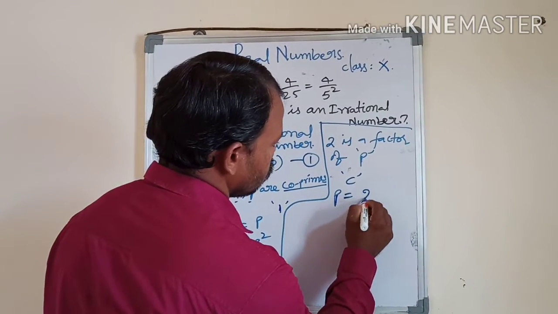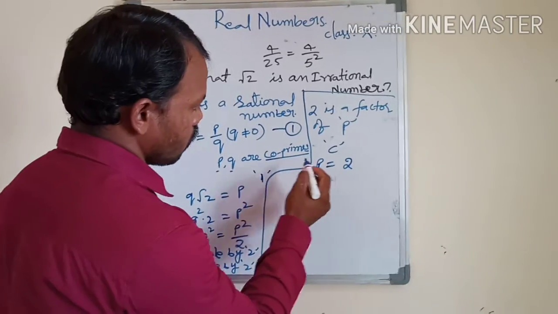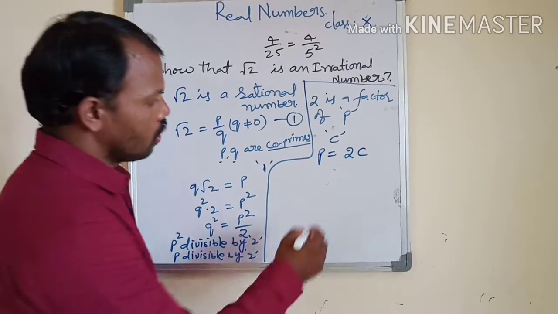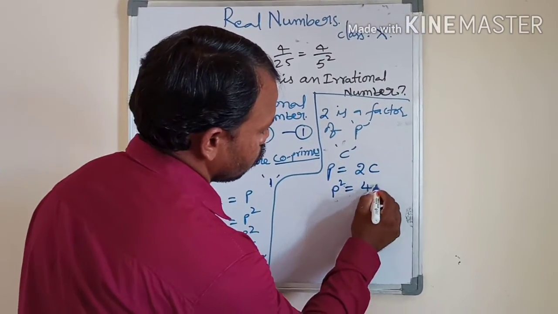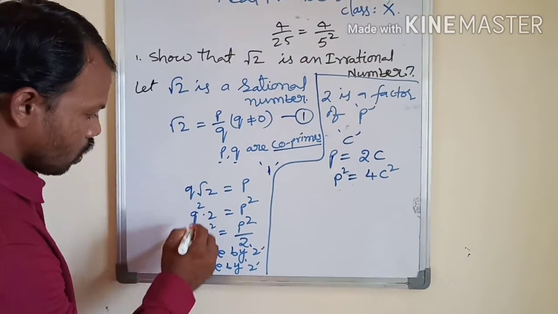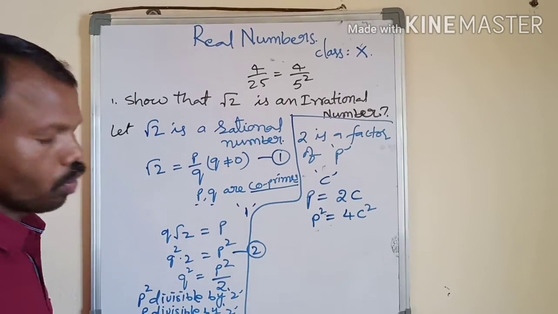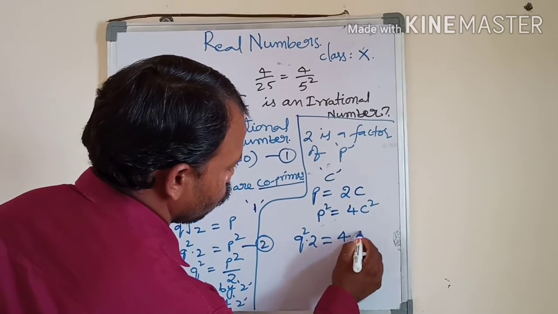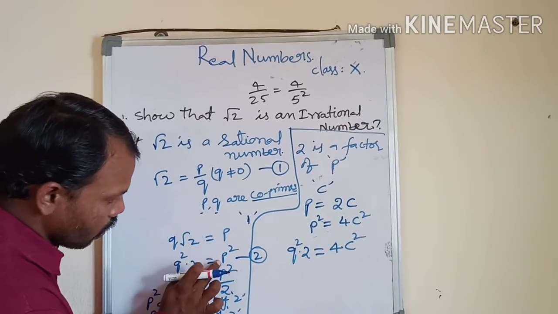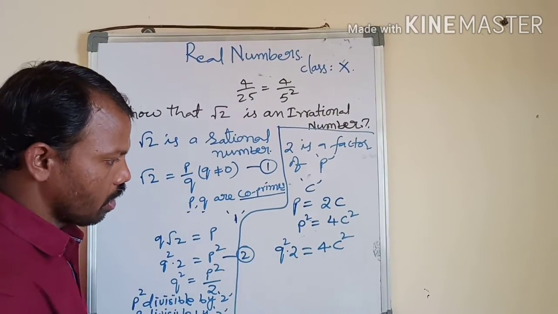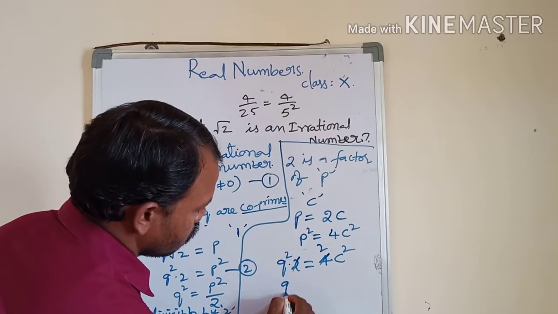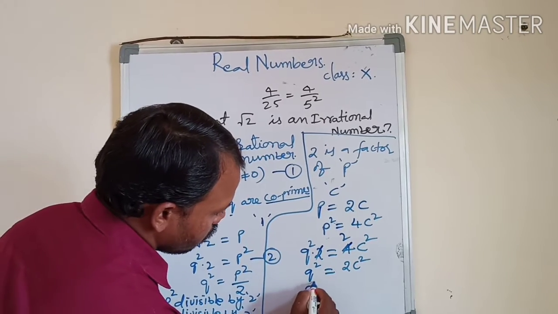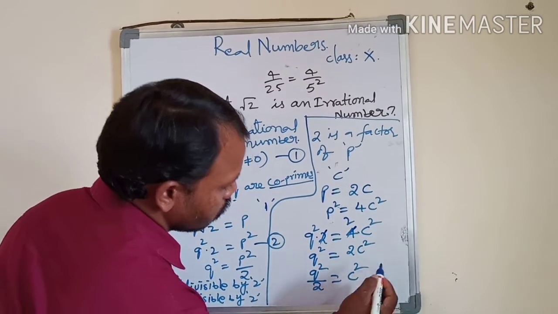Let us take P equal to 2c; we already know 2 is a factor that exactly divides P. Then squaring on both sides, what will you get? P square is 4c square. This we have to substitute in equation 2. So Q square into 2 is equal to 4c square. Instead of P square here, we substitute 4c square. Then Q square is equal to 2c square. Then Q square by 2 is equal to c square.